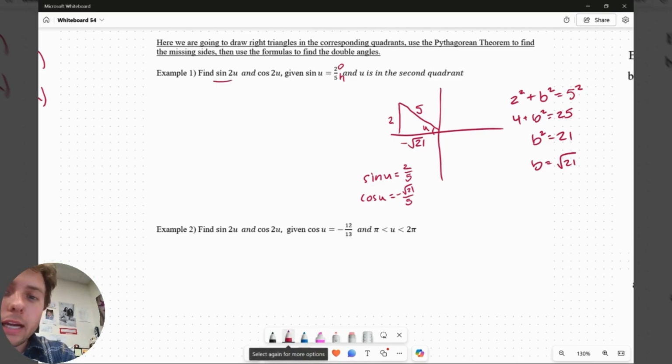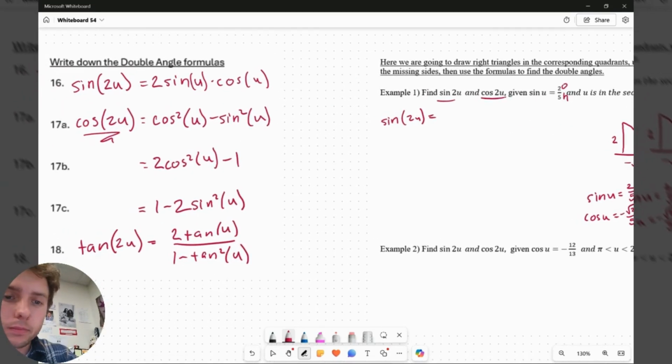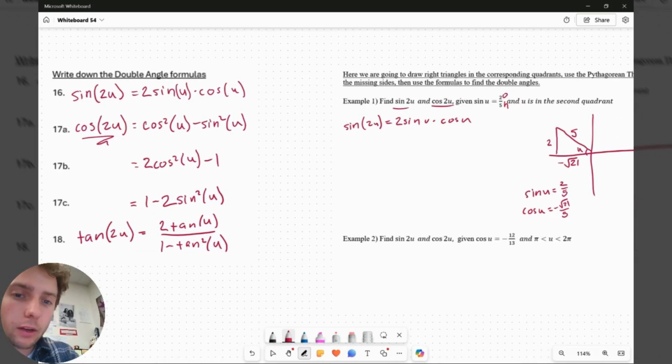Okay, but what we were asked to find is sine 2u and cosine 2u. Well, sine 2u is the same thing as 2 sine u times cosine u. Okay, well, replacing different parts then, I know that sine u is just 2 over 5.